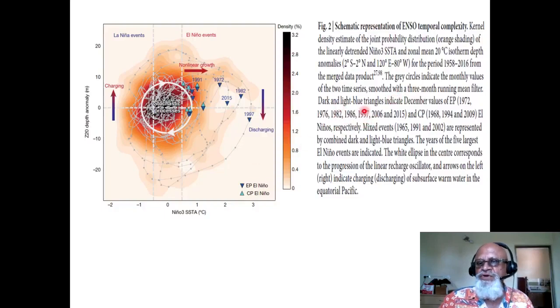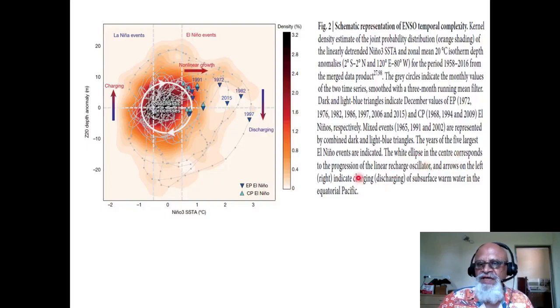Dark and light blue triangles indicate December values of EP, so Eastern Pacific El Nino, and CP El Ninos respectively. Mixed events, so 1965, 91, and 2002. So the warming is not necessarily in the east or just around the dateline. They are mixed. They are represented by combined dark and light blue triangles here, 91, 2002, somewhere in there, and so on.